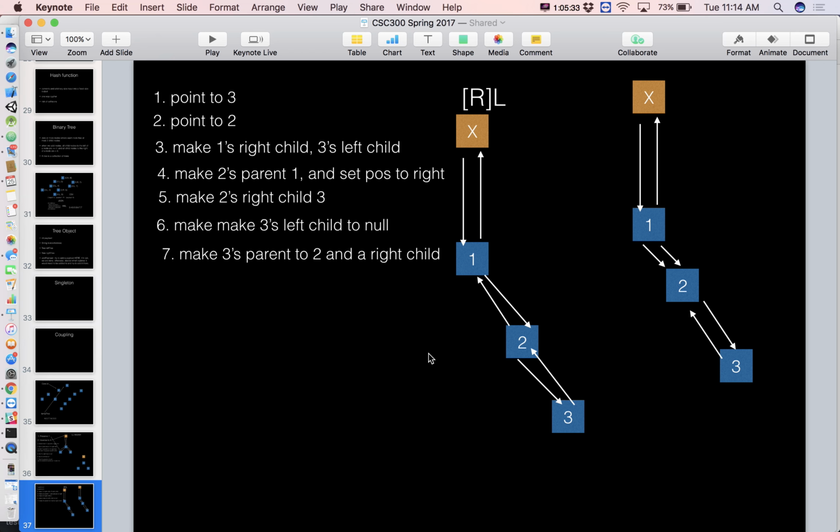Looks good. All right, so right-left says do this. Then step 8 would be call left, left. All right, easy peasy. Go ahead.